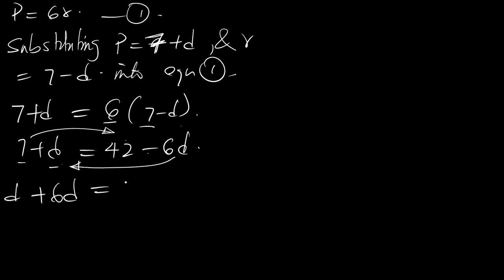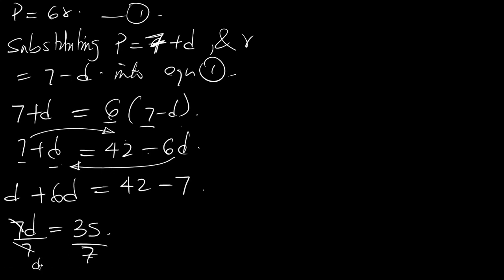On the other side you have 42. Moving 7 to the other side becomes minus 7, because 7 is positive here, so going to the other side of the equation becomes minus. So D plus 6D will give us 7D equal to 42 minus 7, which will give us 35. So we divide both sides by 7.